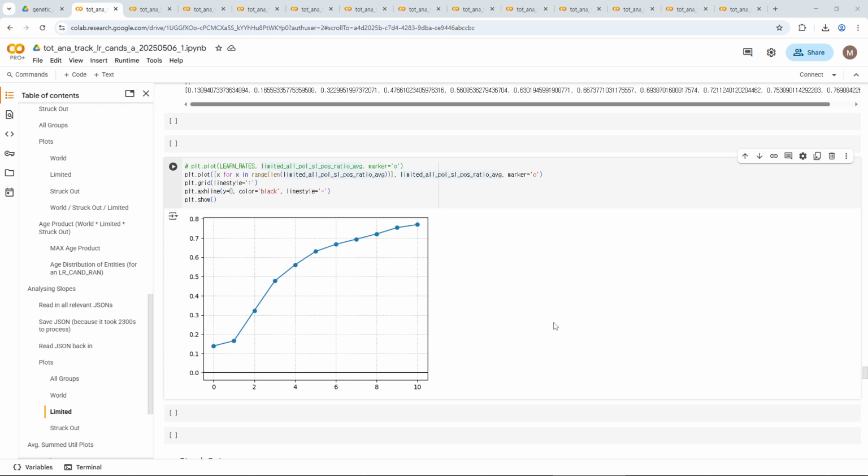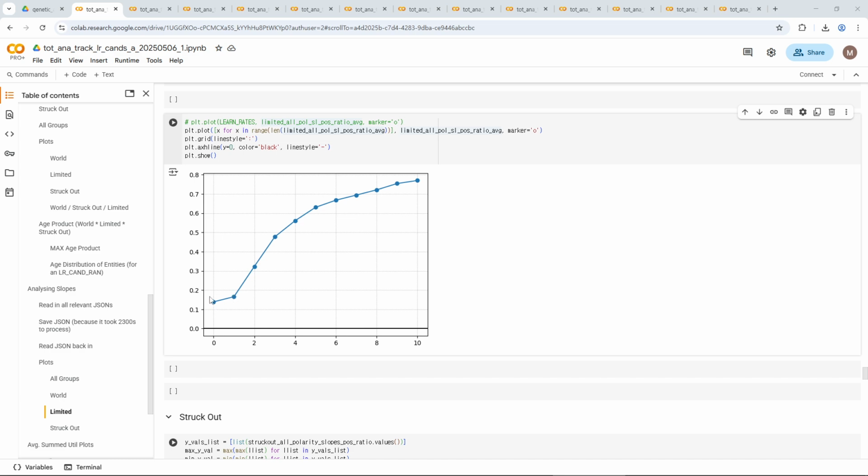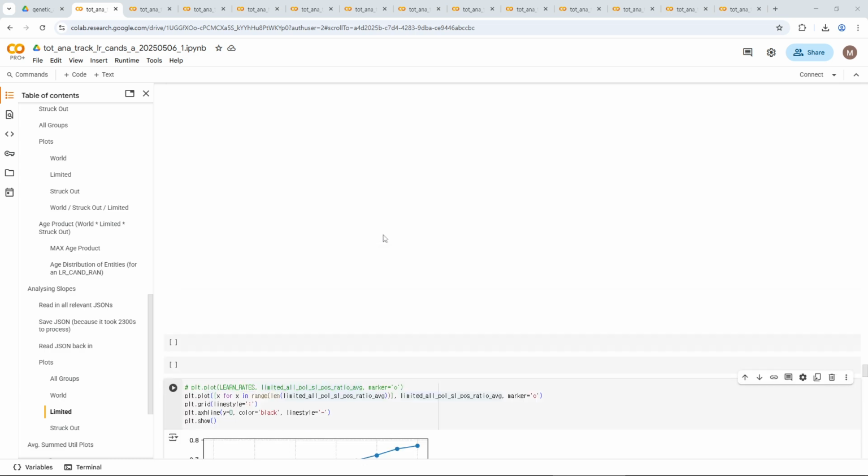Apparently in the version before this, I had the variables mixed up and I kept getting the same plots, and I hadn't noticed until I went through like 5 notebooks. So this is the positive slope ratio for the limited entities, and as you can see, they all go up.